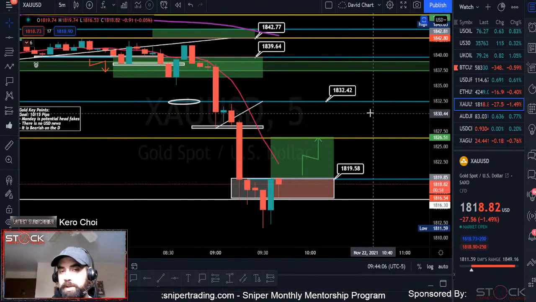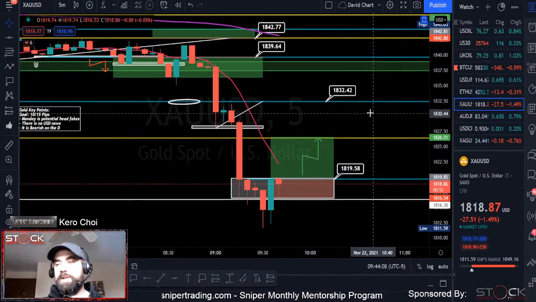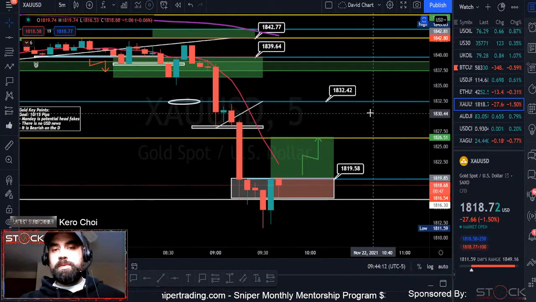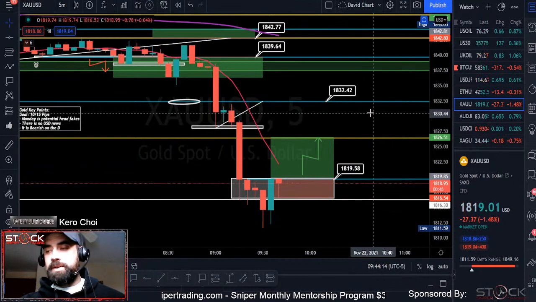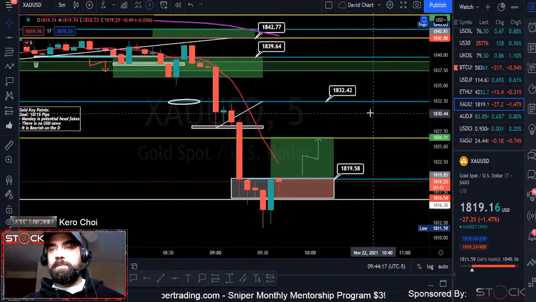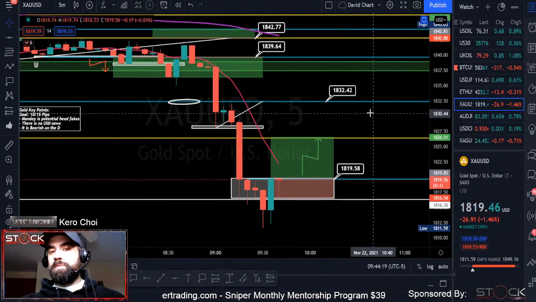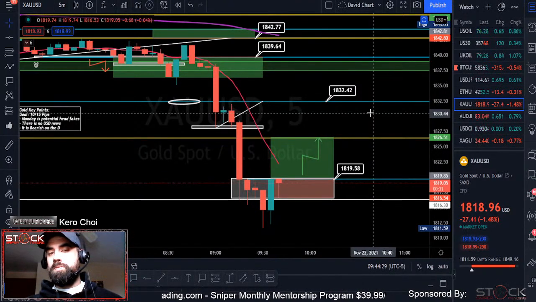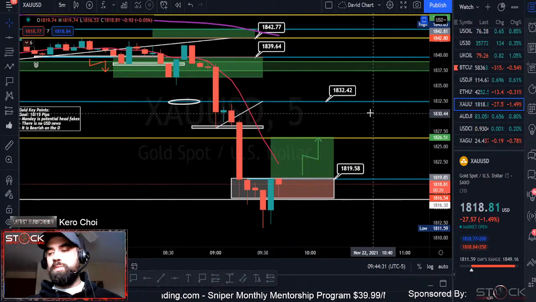So look at gold, okay? Heavy retraced. 45 seconds left on gold. Okay, it's looking good.